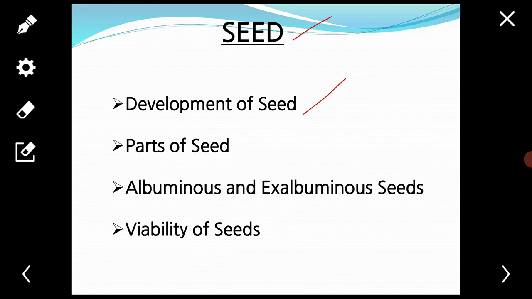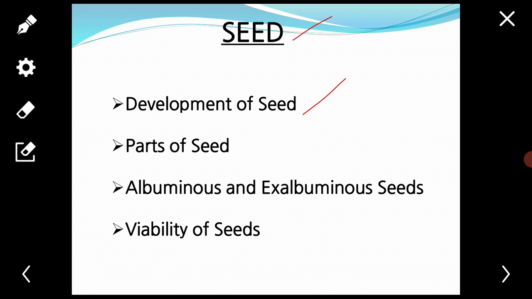Example, bean, pea, gram, etc. The ex-albuminous seeds usually store reserve food materials in the cotyledons.